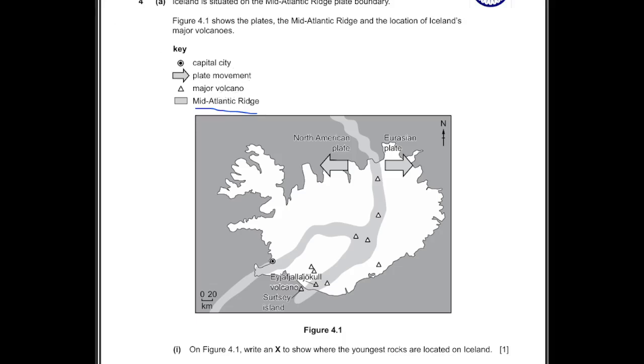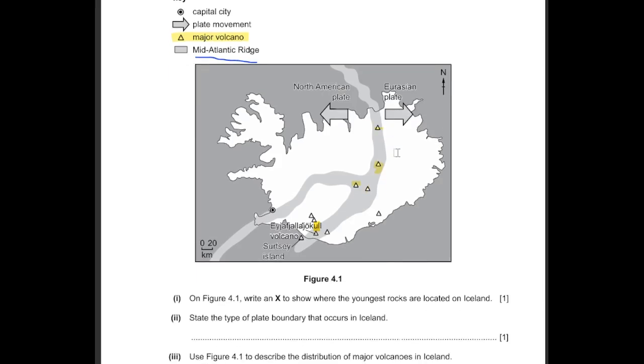Here, the triangle shapes that you can see are the volcanoes. Mostly near the ridge, you can see a few volcanoes, with the North American plate and the Eurasian plate here.